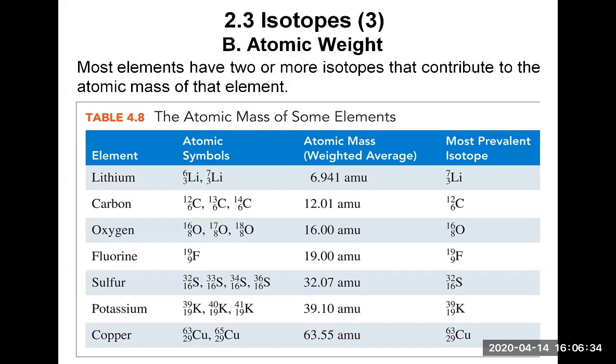Fluorine has only 1 naturally occurring isotope. Sulfur has 4, sulfur 32, 33, 34, 36, but the most prevalent is sulfur 32. So this weighted average that is listed on the periodic table as the atomic mass gives you an idea of what is the most prevalent isotope for that element.